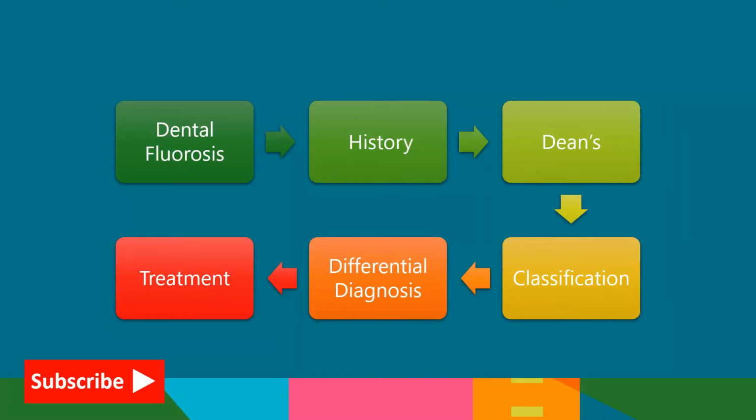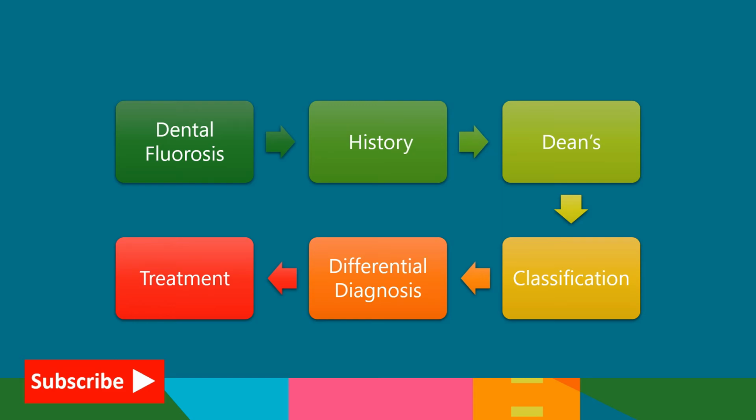Now, before wrapping up, let us see what we should know to cover the full chapter of dental fluorosis. We have spoken about the definition of dental fluorosis, then the history of dental fluorosis and how Dean came up with the classification. To know more about this, you can see our another video based on the history of dental fluorosis.